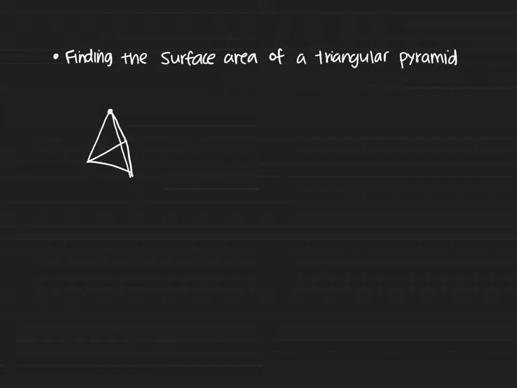The first question is a regular triangular pyramid with sides of 6 inches each, and the height is given as 5.2 inches for the base triangle, and 10 inches for the lateral side triangles. So let's go ahead and take a look.